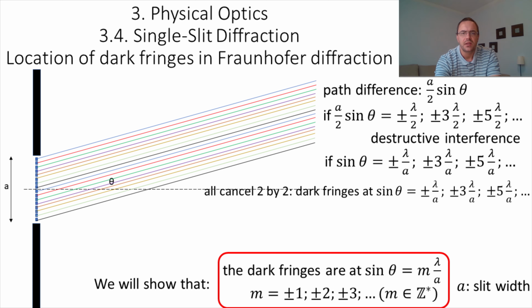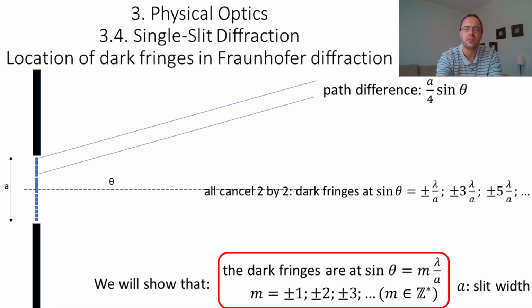And you see that we don't have exactly the formula that we want to show, because we want to show a dark fringe for any m lambda over a, where m is any integer except 0. Right? But let's consider two more cases. So let's consider these two rays that are separated by a over 4.